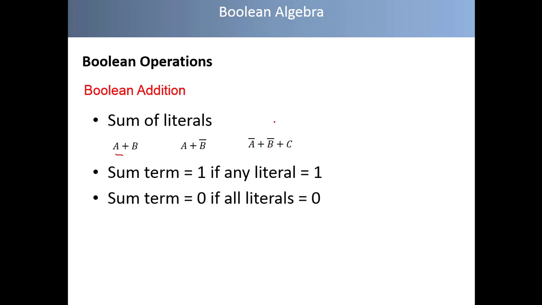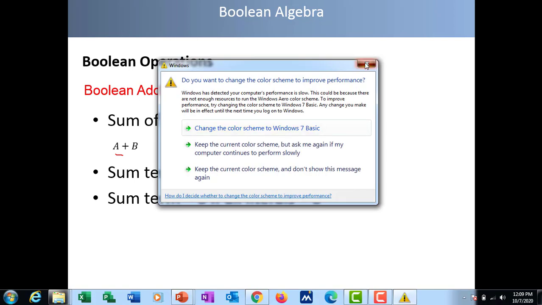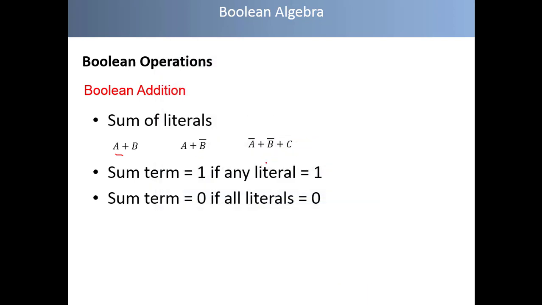We can have 2, 3, 4 or even more literals in the Boolean expression, and these literals can be in their normal form or in their complementary form. In all cases, the sum is equal to 1 if any one of the literals is equal to 1. If all of the literals are equal to 0, then the sum is equal to 0.